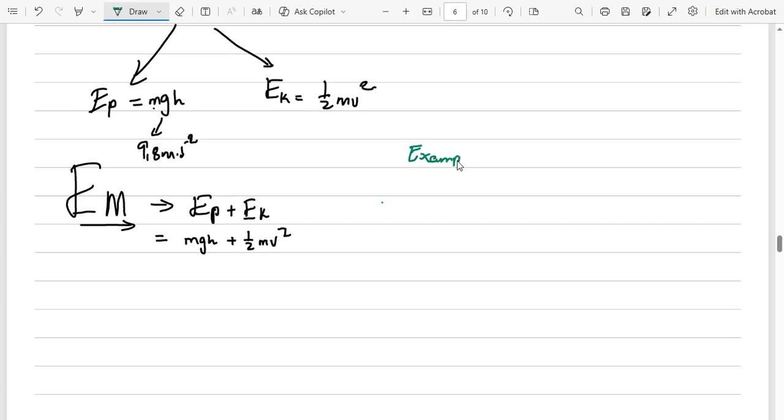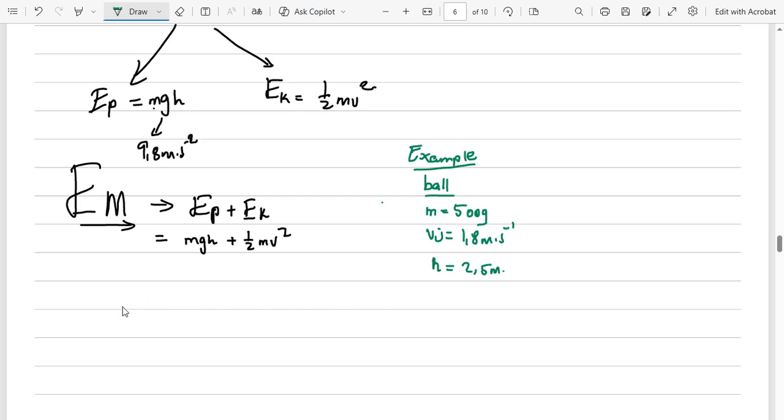So let's say that I have a ball that has the mass of 500 grams. It is thrown horizontally through the air. The ball travels with v initial of 1.8 meters per second, and let's say it travels to a height of 2.5 meters from the ground.